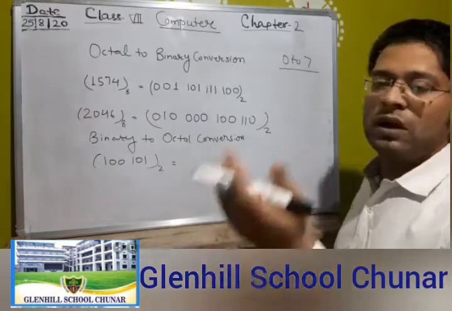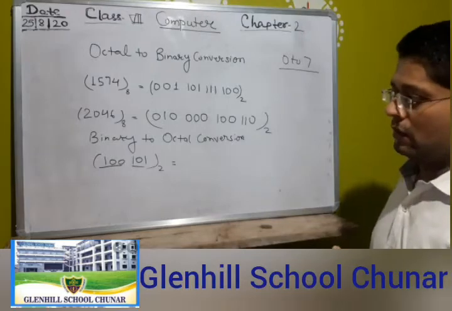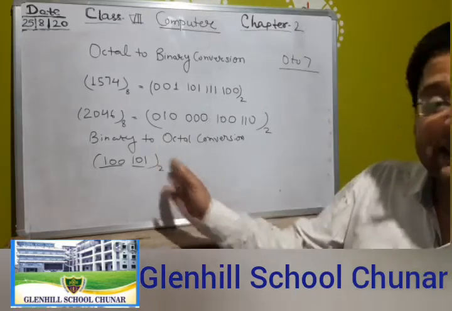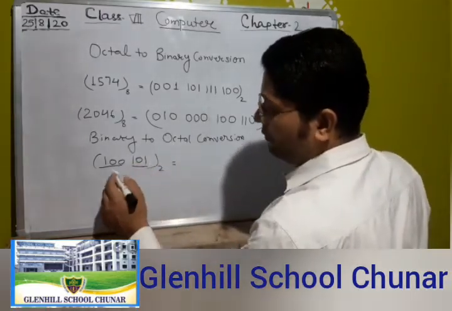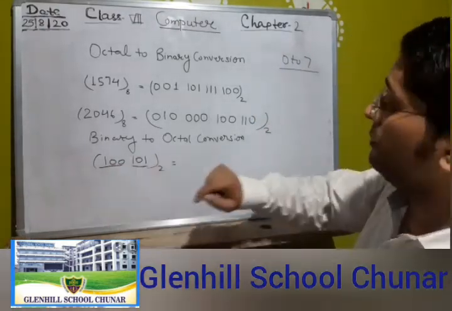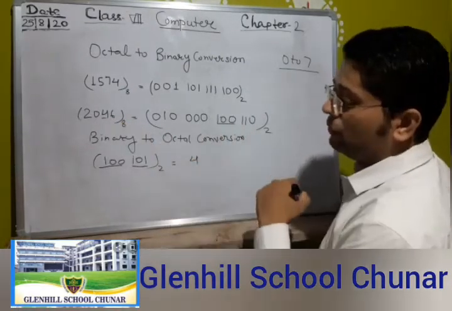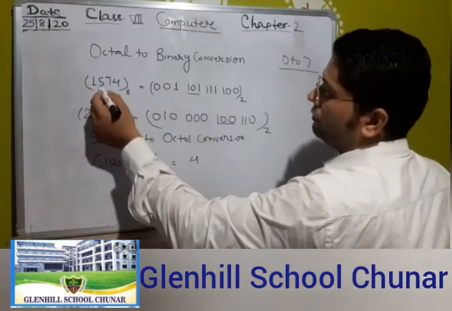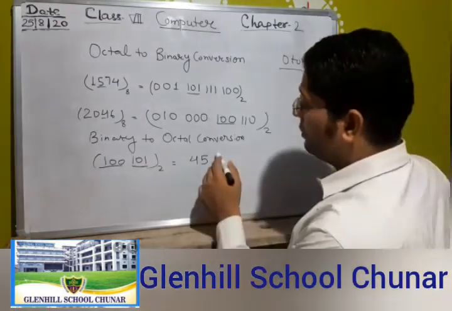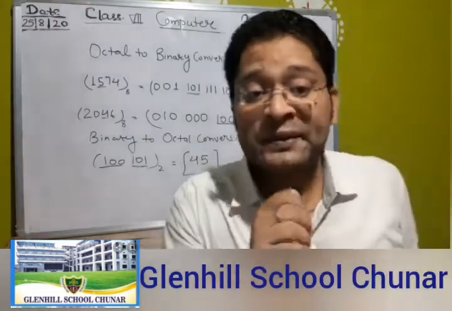Convert it to octal. So make 3-digit pairs from the right side. So 1 0 1 is one pair and 1 0 0 1 is the second pair. The value of 1 0 0 is 4, so write 4, and 1 0 1 has value 5, so write 5. So this is the octal number.